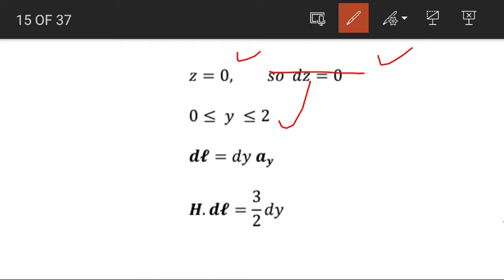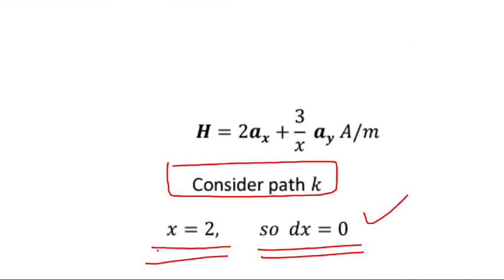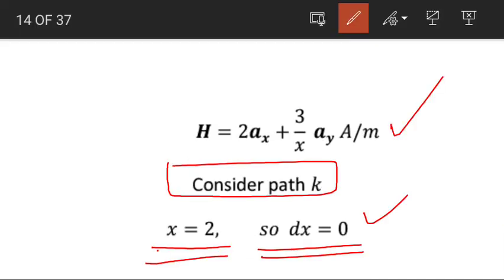So definitely the differential length vector will be equal to dy ay, and we calculate H dot dl. So dl is dy ay, and H is given over here.